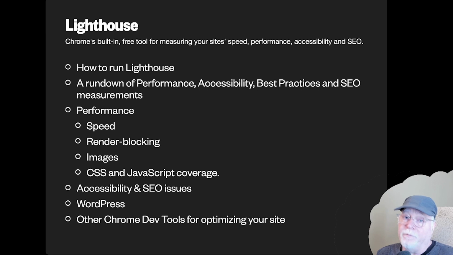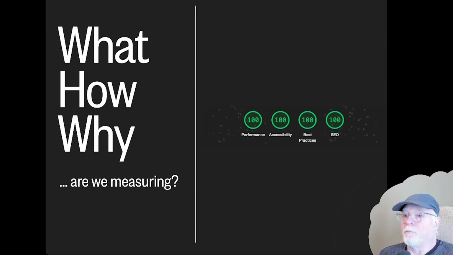Those should be easy to fix. Those are things that you should be doing in your HTML anyway. Proper HTML structure, etc. Most of us in here concentrate on WordPress, so we'll talk about the issues and solutions on WordPress. And I've got a slide on some other tools you can use to measure things.